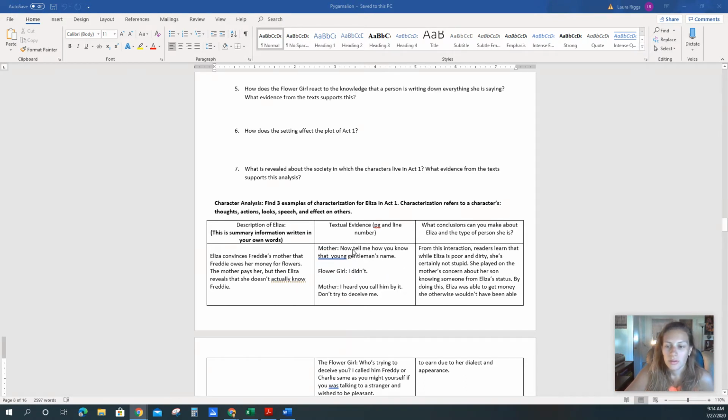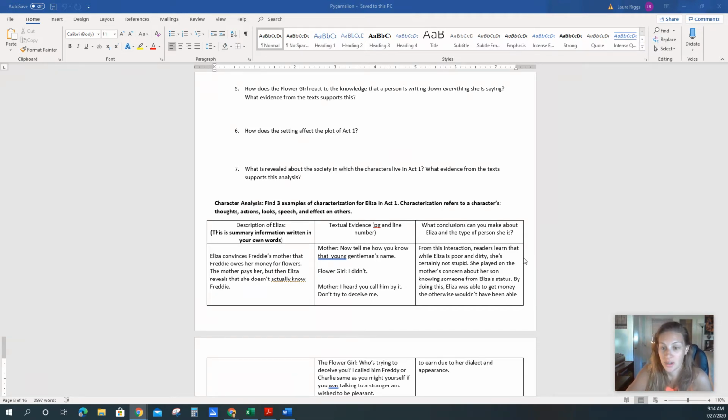So I put a piece of textual evidence here, and then what conclusions can you make about Eliza and the type of person she is? This is where you make an inference, and if you watch the Act 1 video, you know that an inference is just the language and literature way of making a hypothesis that you back up and support with evidence. So from this interaction, readers learn that Eliza is poor and dirty.